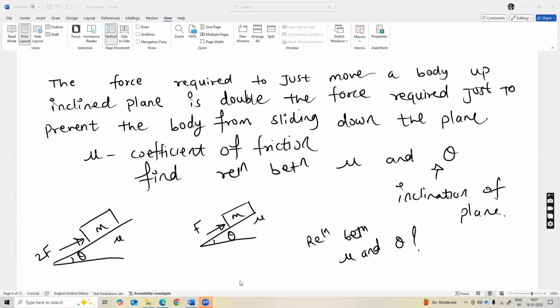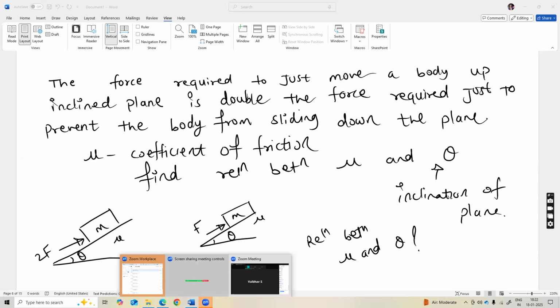Okay, just try to attempt this question. I think this is one of the most challenging questions. You have to find the relation between mu and theta here. I will give you 3 minutes to solve this question, and then I will give the solution.